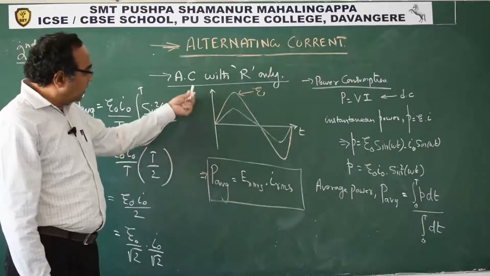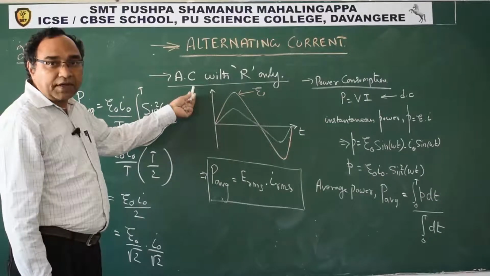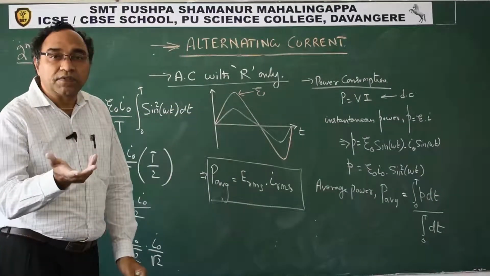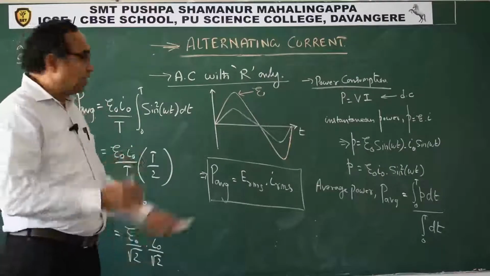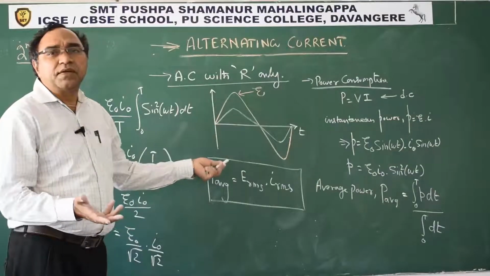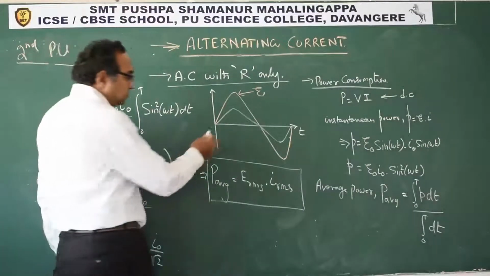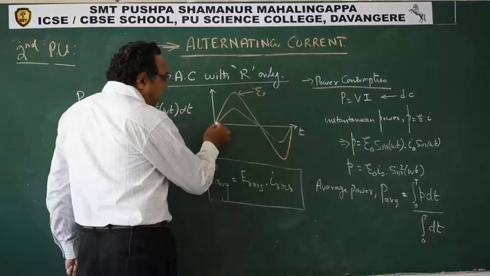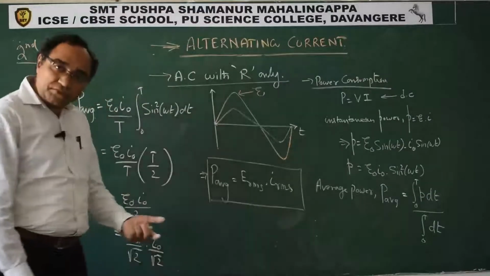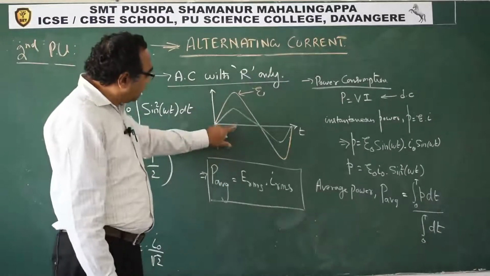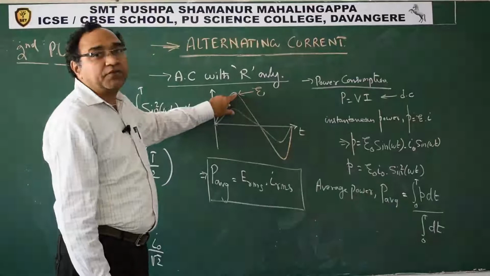Check. In AC, is it capable of blocking AC? How will you find out whether it is blocking or not? This graph tells us everything if we are able to extract the information. See here. Both of them start from 0 and achieve maximum at the same instant.